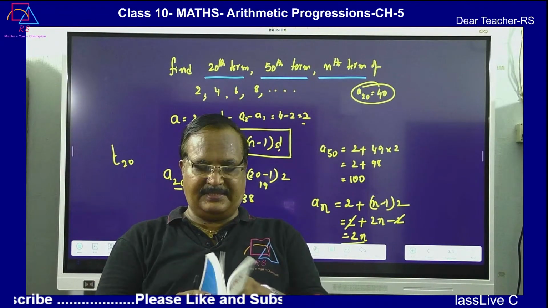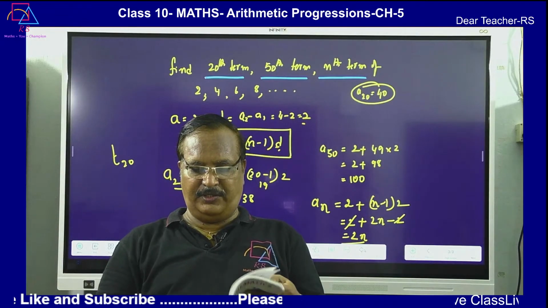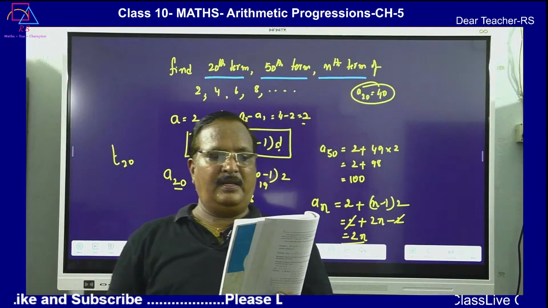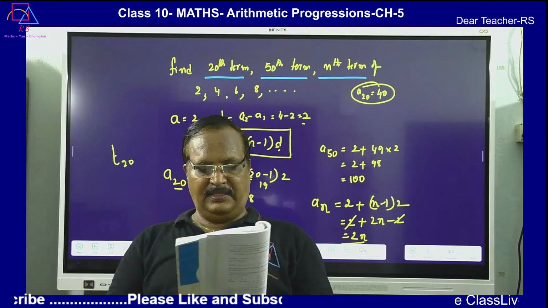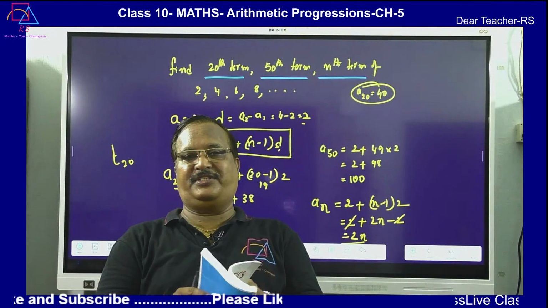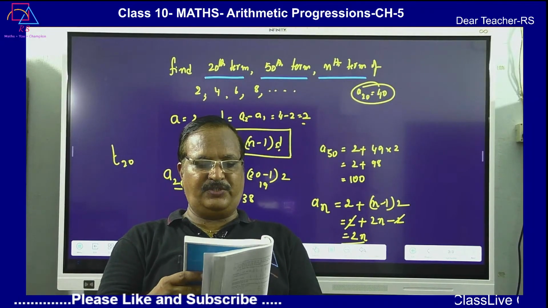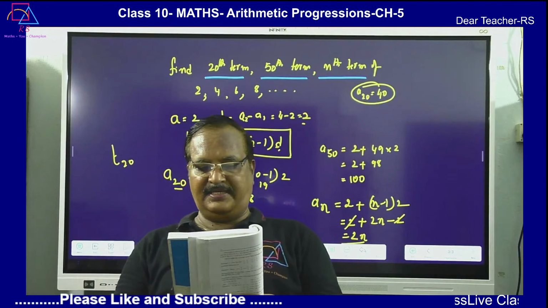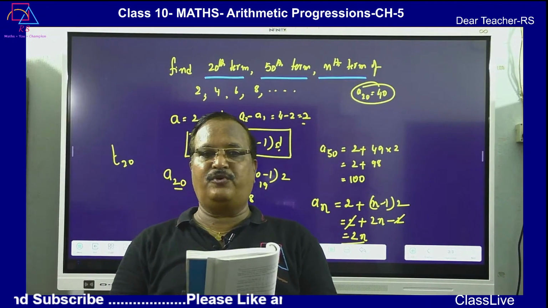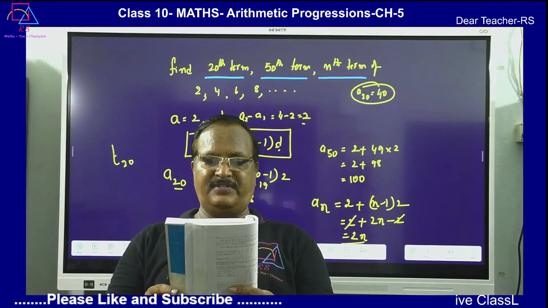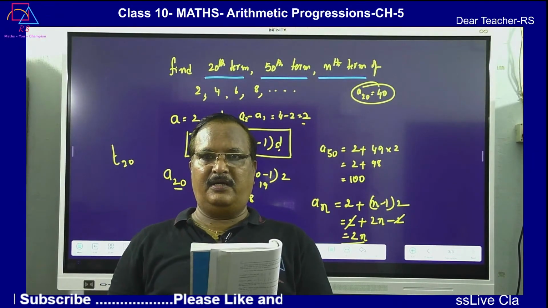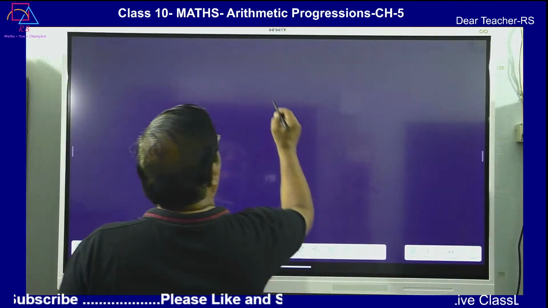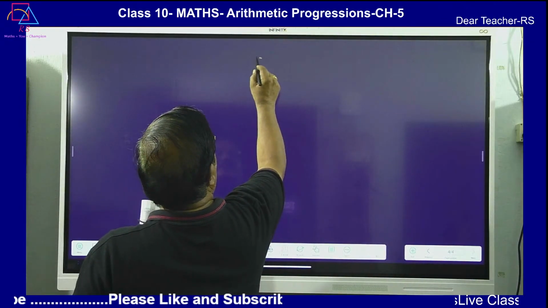Exercise 5.1 I am going to take up. In exercise 5.1, question 1 has 4 parts, the second question has 5 parts, the third question 4 parts, like that. I am going to do all these questions one by one. Okay, exercise 5.1.